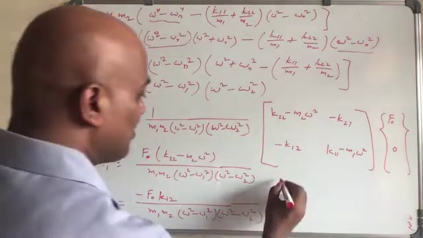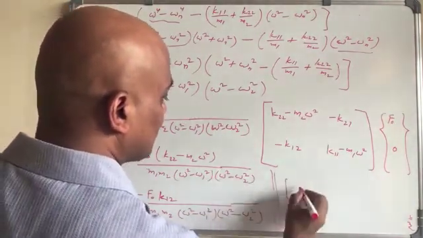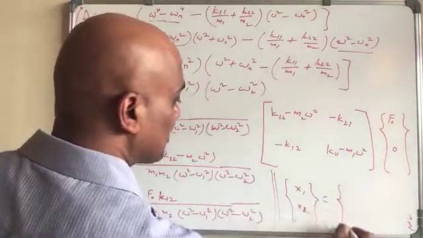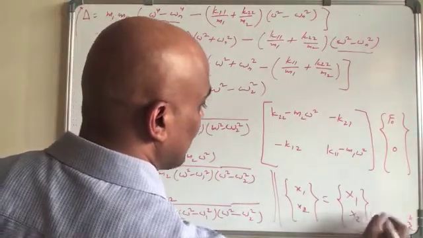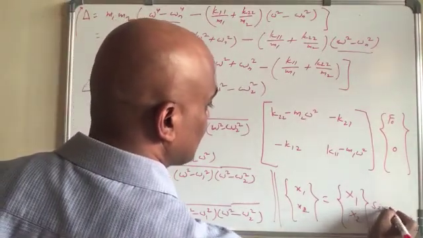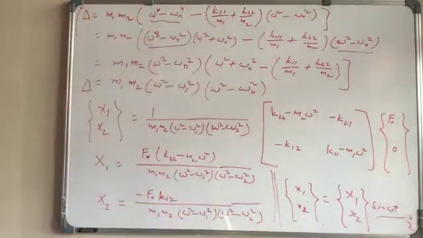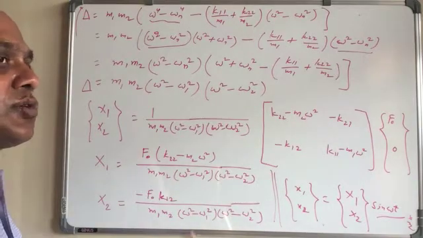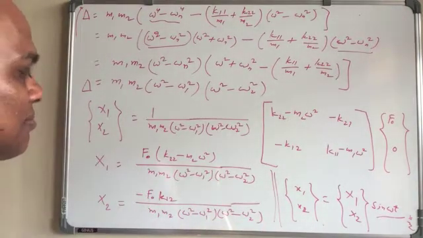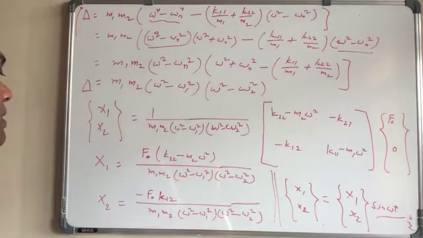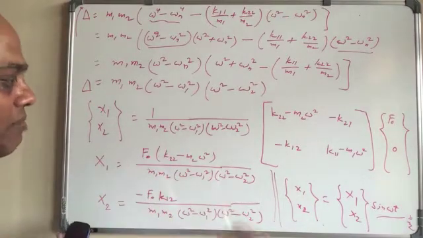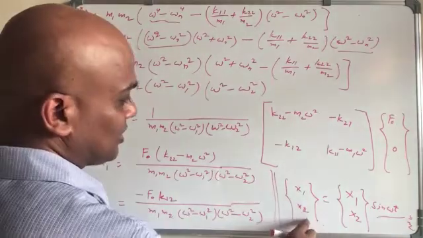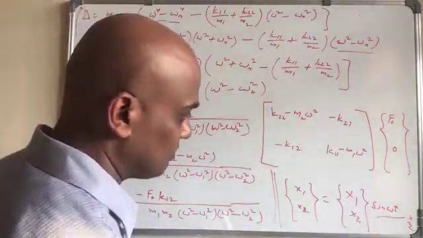So the final values of x1 and x2 will be given by this, and then we will have sine omega t like that. So this is the solution of the forced vibration, meaning a 2 degree of freedom system, a general 2 degree of freedom system. For that forced vibration problem, the amplitude is given by this one, and x1, x2 is given by this one.